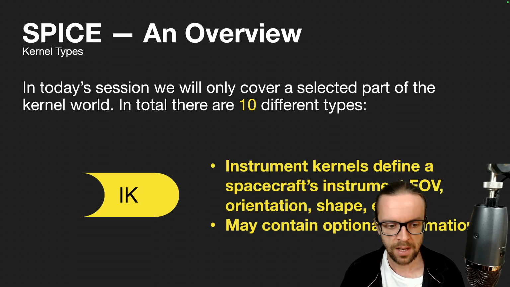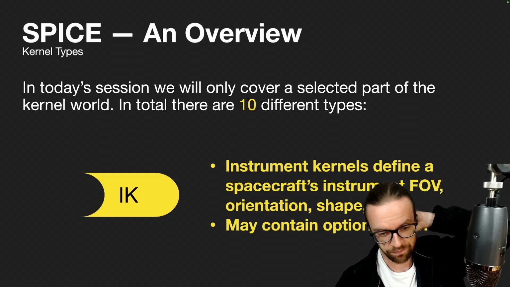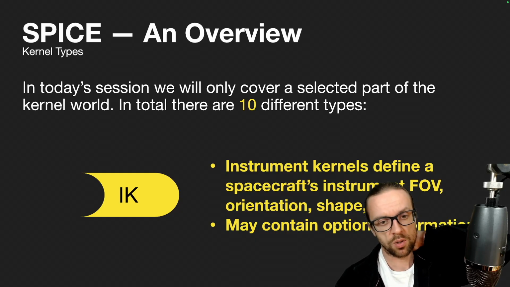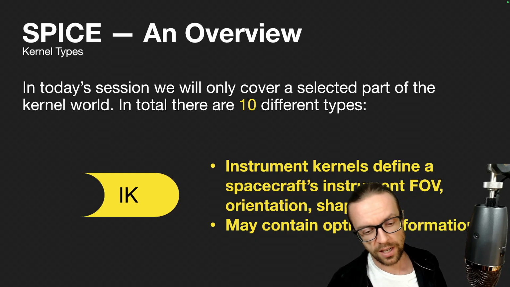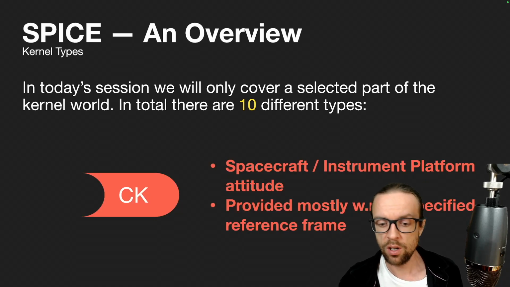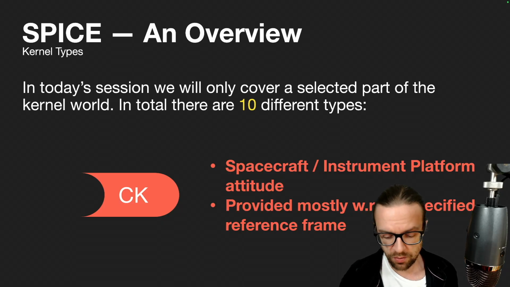Don't worry. IK is the instrument kernel, so something that, for example, the engineers are setting up. You want to know the orientation of your instrument in the spacecraft. The CK kernel is, for example, for the instrument attitude. So, for example, it provides a certain reference frame.